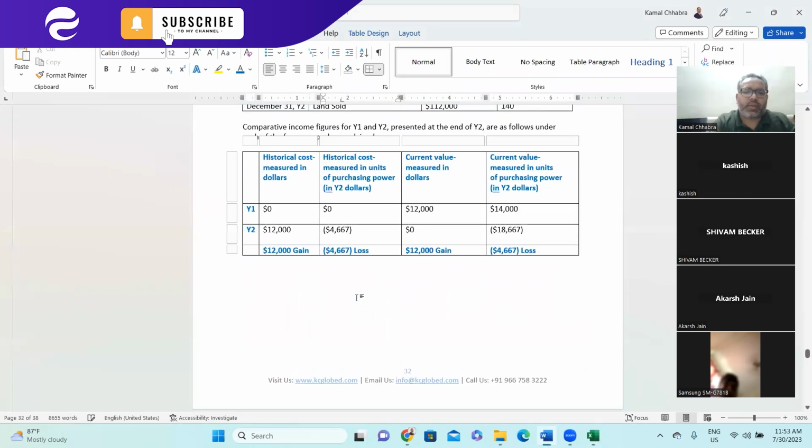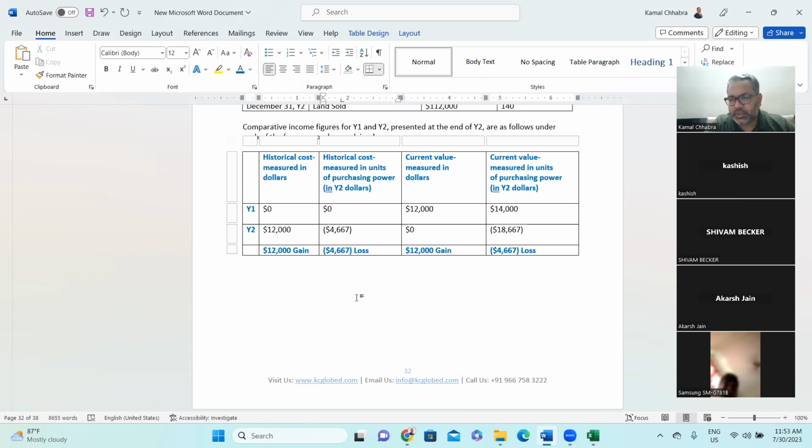So historical cost measured in unit of purchasing power in year 2: if you do the inflation price impact, which is 140 over 120, your book value should be 116,667, whereas you sold at $112,000. So there's a loss of 4667. Does that make sense?